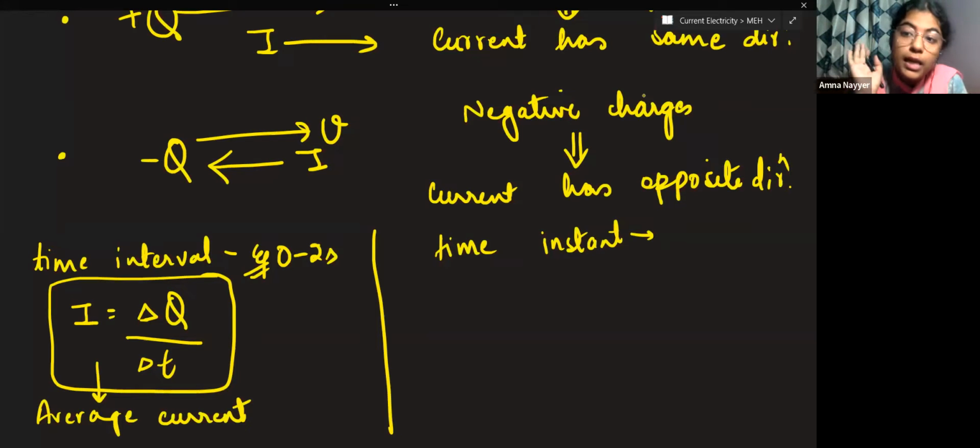Neither can you use I is equal to Q by T, nor delta Q by delta T. Time instant means at a specific time. It can be huge, like T is equal to 1000 seconds or 5000 seconds, but exactly at a time instant. Or it can be a very small quantity, which is infinitesimally small.